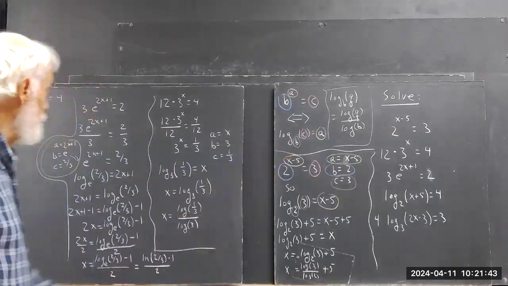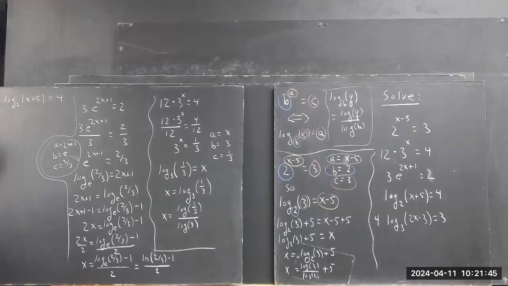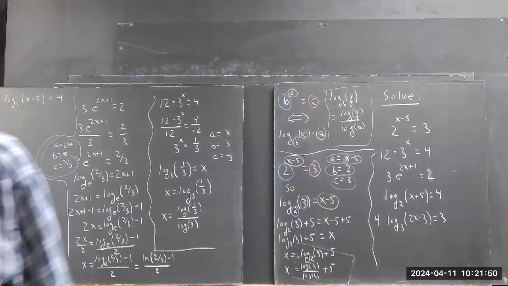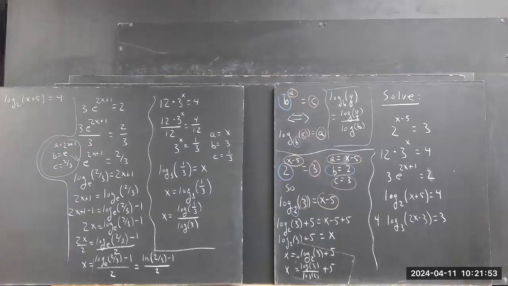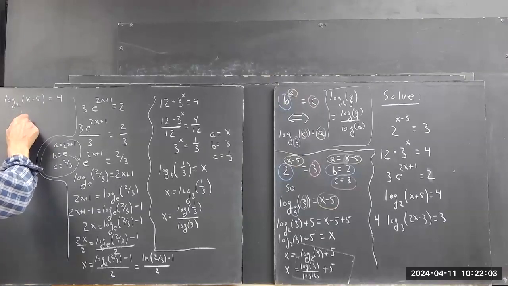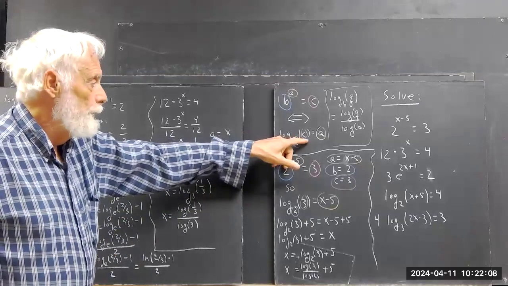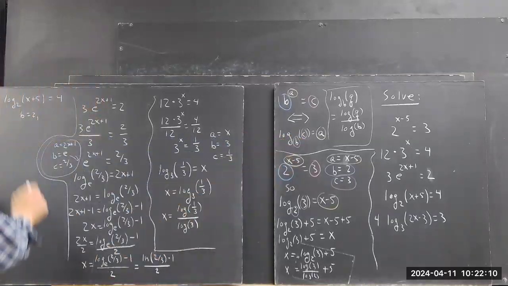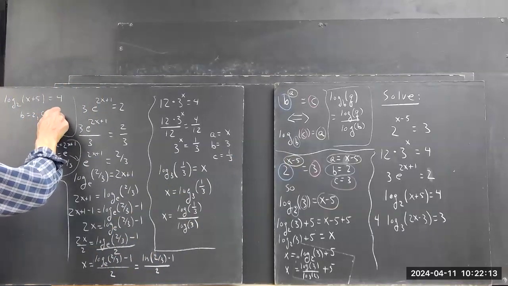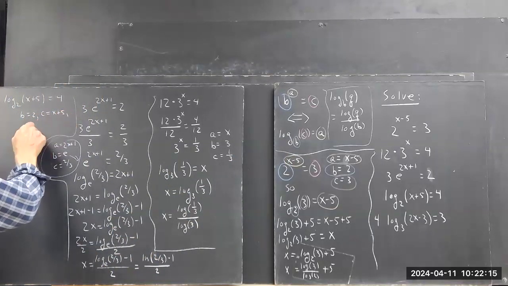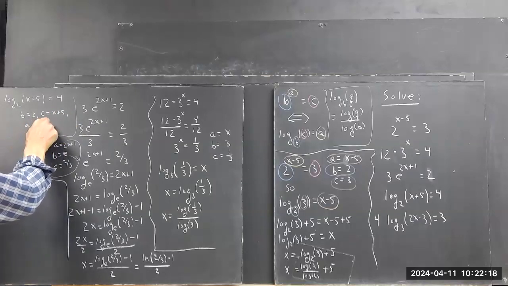B is the base of the log. So I'm going to write it out here. B is 2. C is what you're taking the log of. C is x plus 5. And A is 4.